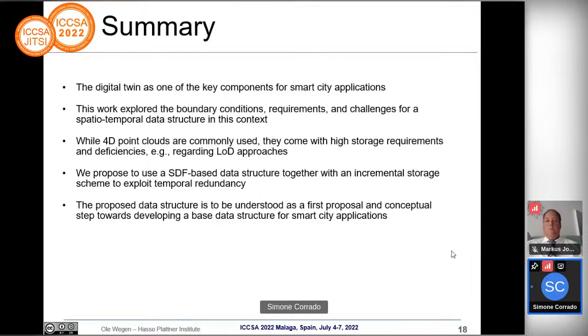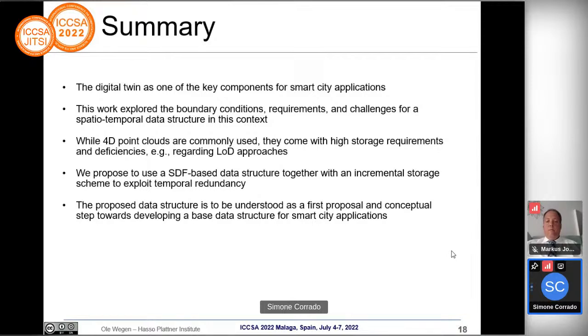Well, I mean, if you have multiple scans of the same building and there are parts that do not change, and you construct a signed distance field for each of the scans, then you have parts that are the same, obviously, or nearly the same.